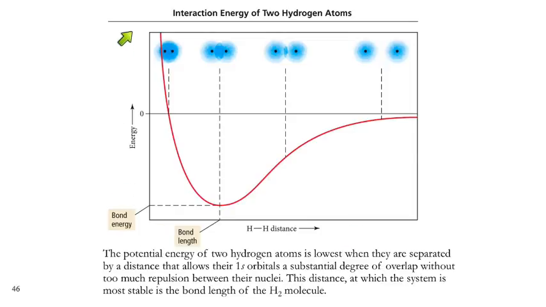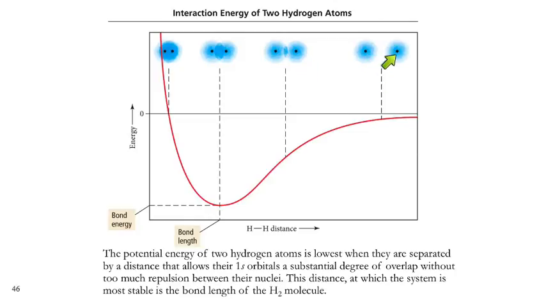High energy is at the top and low energy is at the bottom. If you look at this red line just like a hill and think, if you were rolling a ball, where would the ball end up? It would end up at the bottom, right? At the lowest energy point. That's what's going to happen with these atoms too.